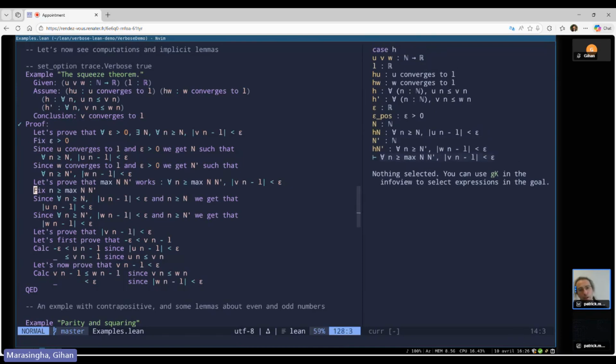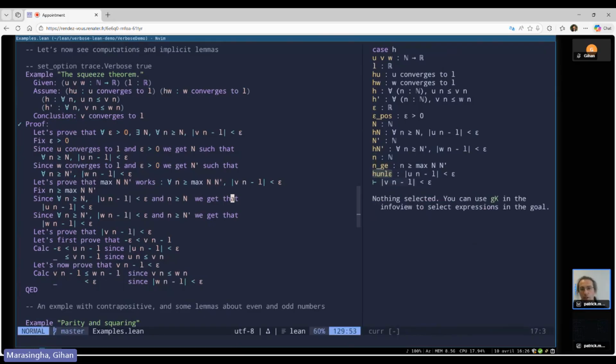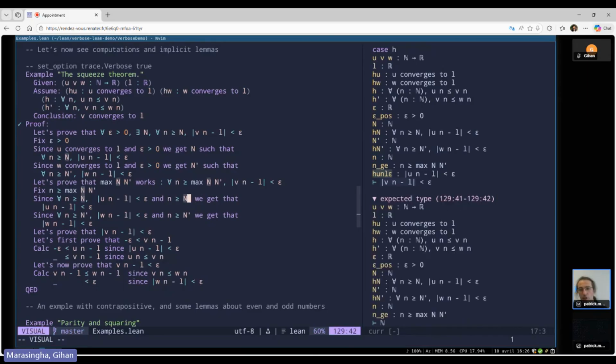But then here, when I say fix n bigger than max of N and N prime, the assumption that is introduced on the right is just automatically named NGE, that n is bigger than max of N and N prime. But then on the next line, I carelessly say n is bigger than capital N, and the computer is happy.